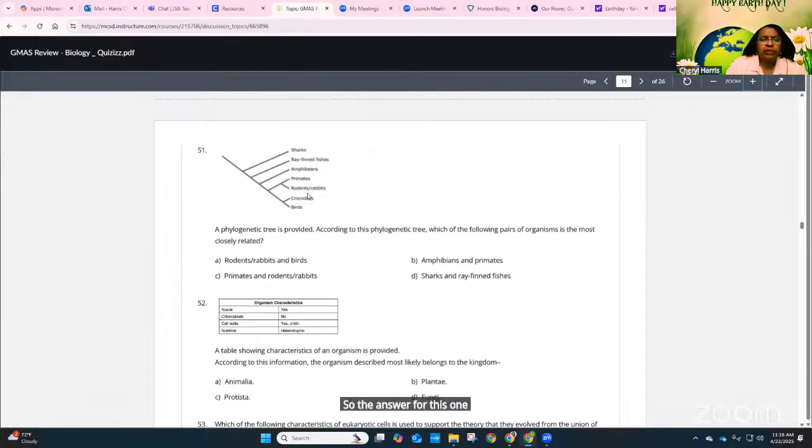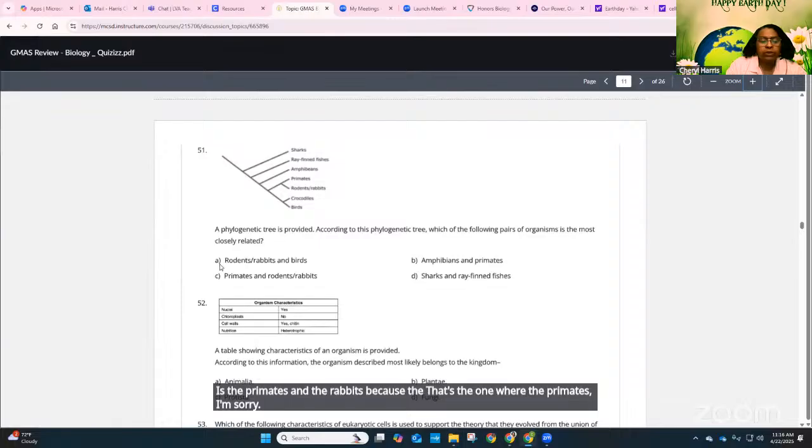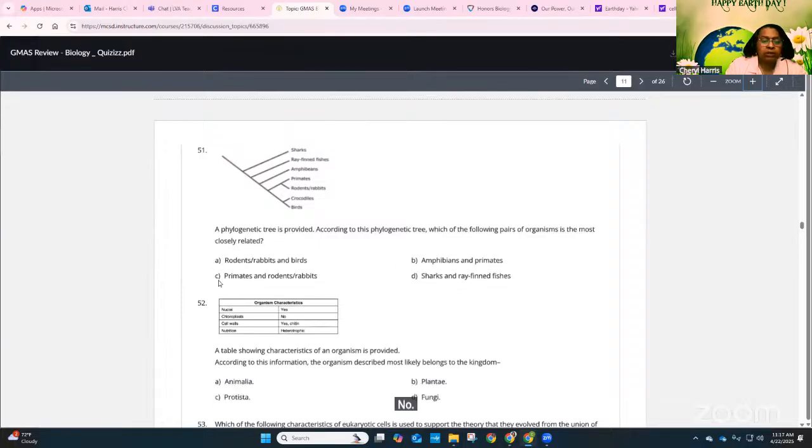is C, primates, rodents, and rabbits, because the rodents and rabbits are a branch off of the primates.